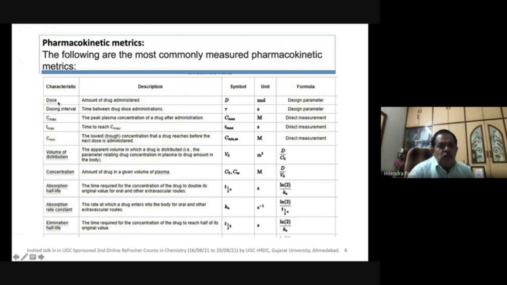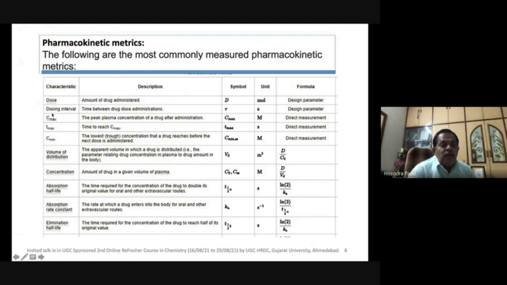Let us see here dose, drug dose. The amount of drug administered, the symbol is D, right? And the unit is mole. The dosing interval is nothing but the time between drug dose administrations. It is shown here, the symbol is tau.